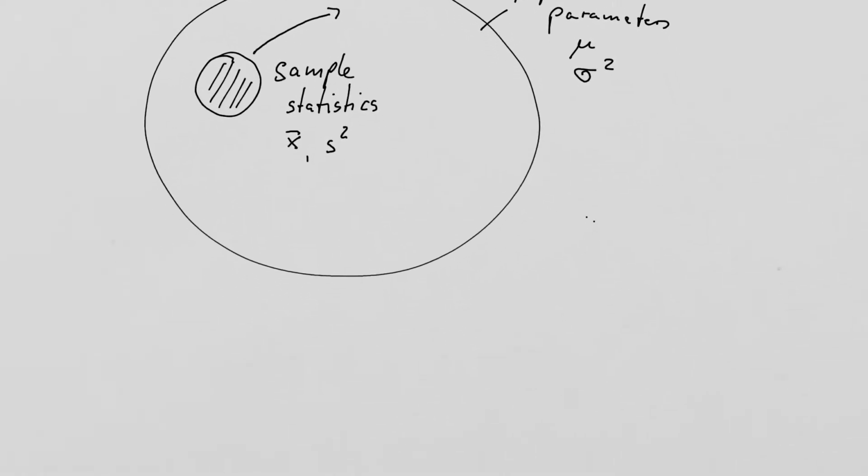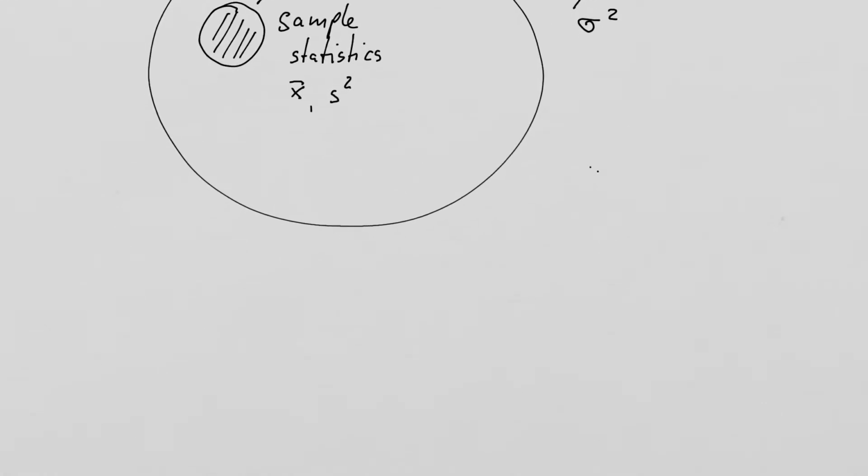The concept of the 95% confidence interval, or not just 95%, any confidence interval, is that we assume that our sample mean x bar somehow represents the population mean mu.